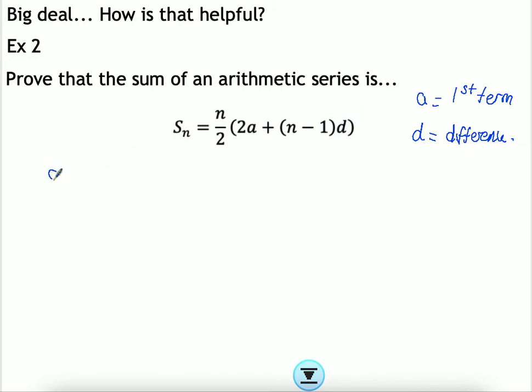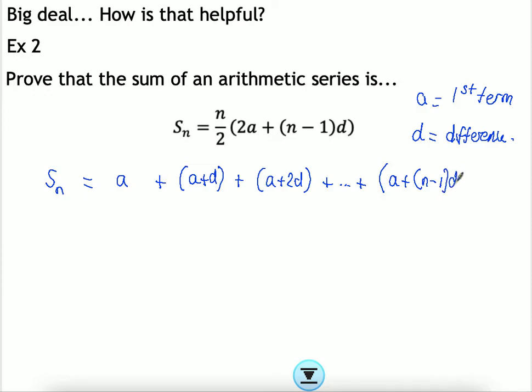So the first term is a, the second term is a plus d, the third term is a plus 2d, and the nth term is going to be a plus n subtract 1 d.